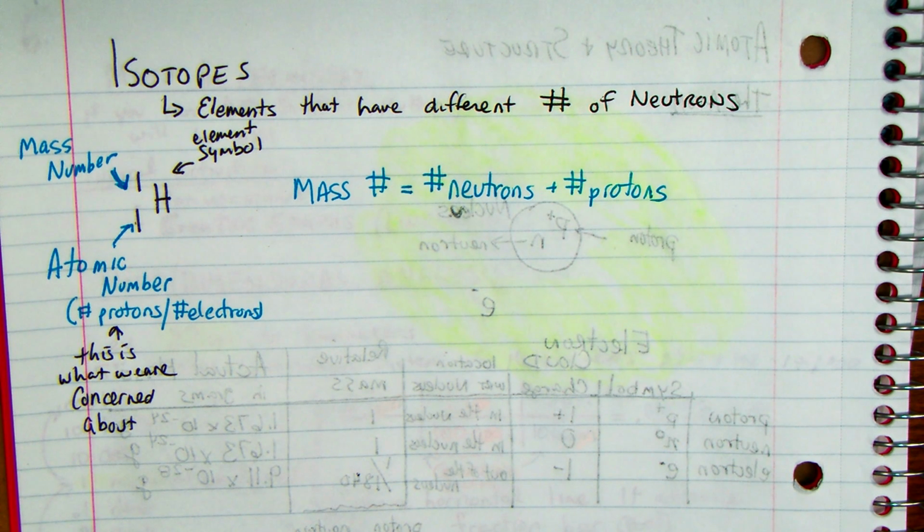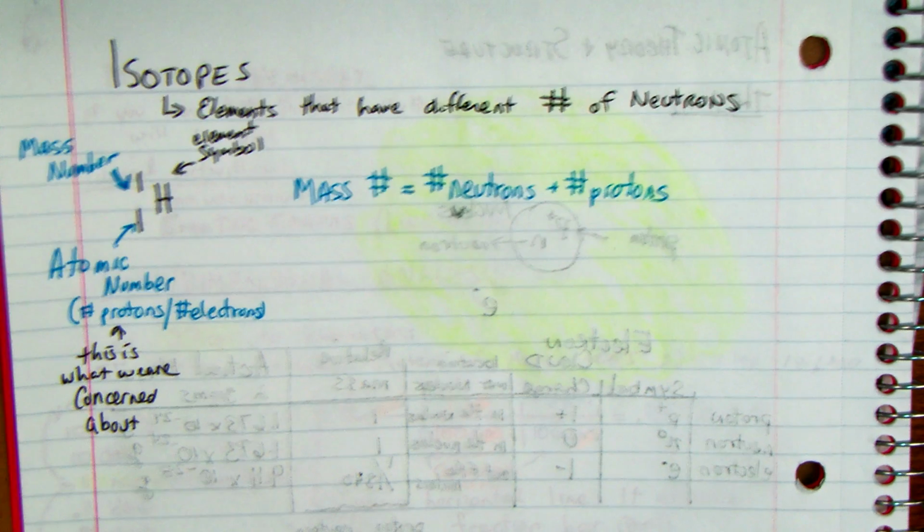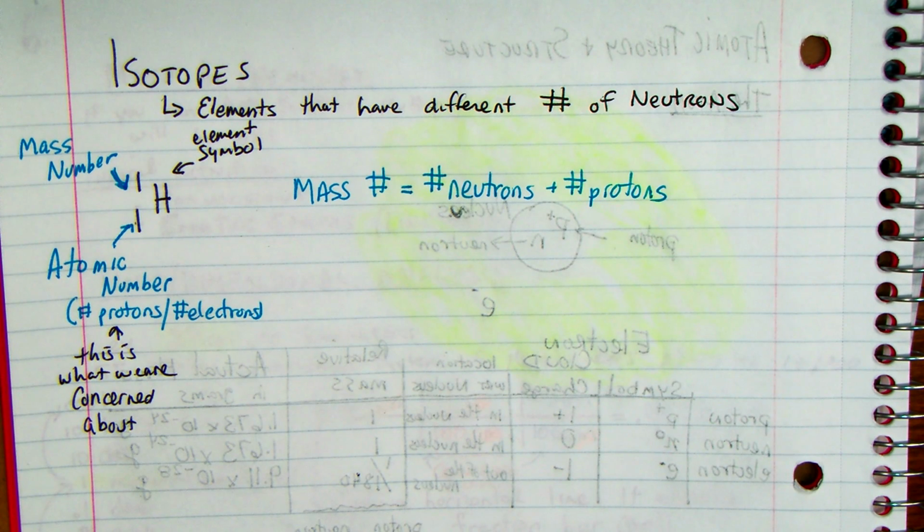Now, do a little bit of algebra here. If we're concerned with the number of neutrons and the atomic number, we know the mass number and we know the number of protons from the atomic number. What can we do with this equation to make sure that we can get the number of neutrons?